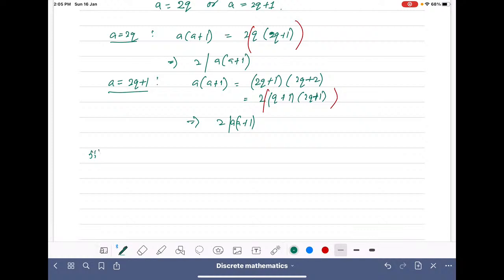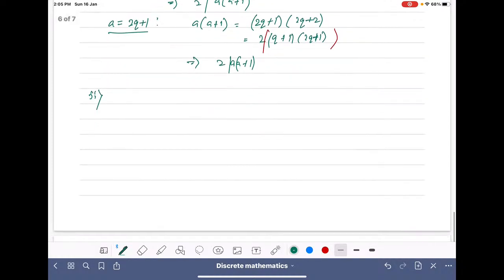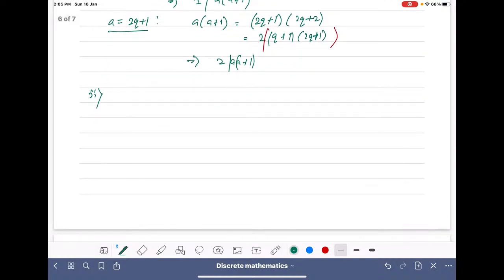Then going to bit 2, we have again by division algorithm. Now we are going to take 3 instead of 2. a equal to 3q or 3q plus 1 or 3q plus 2.